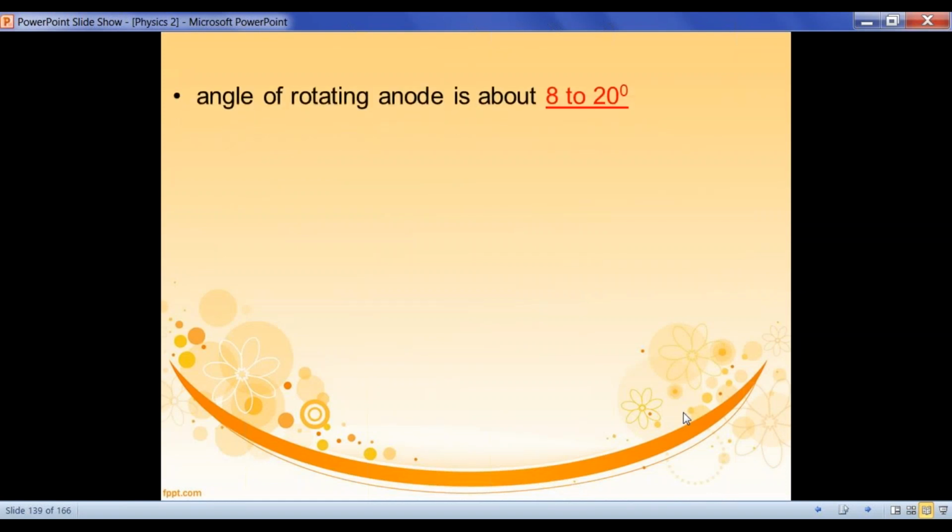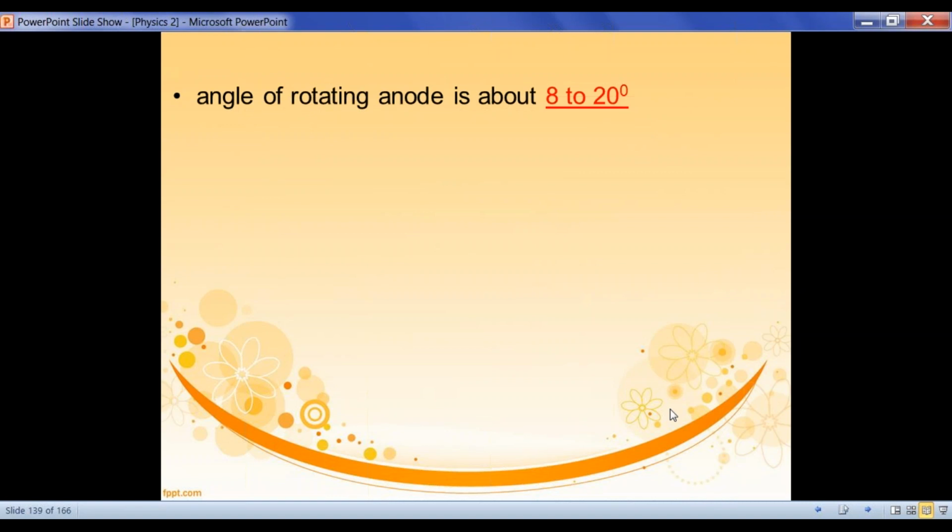So, yung ating target, yung ating anode ay rotated. Rotating po siya. At the same time, naka-angulate po siya. Normally, yung angulation ng ating anode is between 8 to 20 degrees. Bakit kailangan siyang i-angulate?